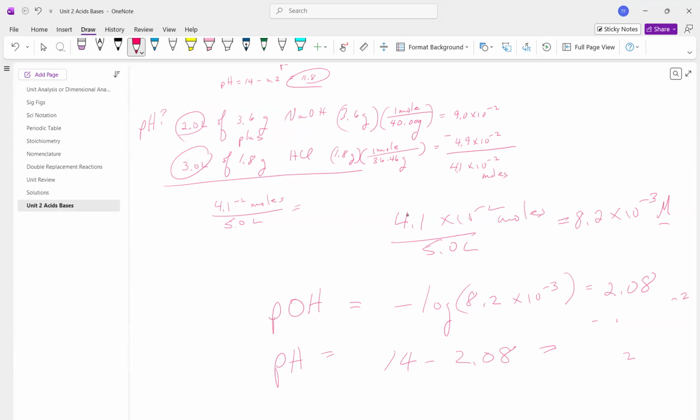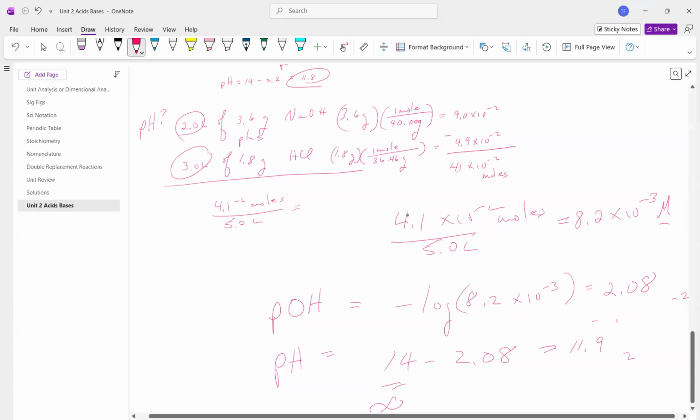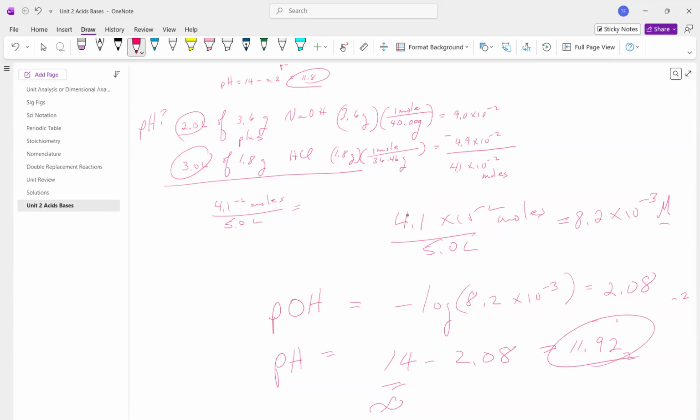Now, the number 14 has infinite decimal places, so when you're subtracting, you need to look at the 2.08. It's got to have 2 decimal places. So that's the pH, 11.92.